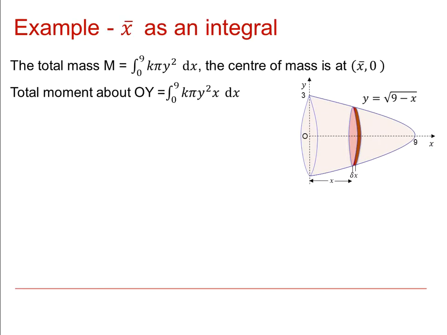We've established the idea that the mass will be equal to the integral of k pi y squared dx, and the moment the integral of k pi y squared x dx.